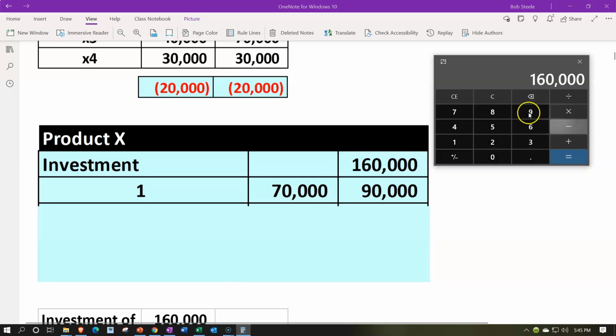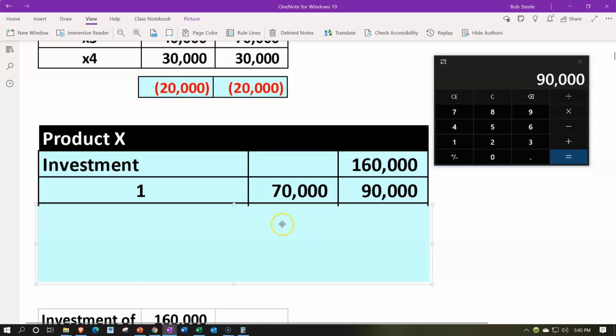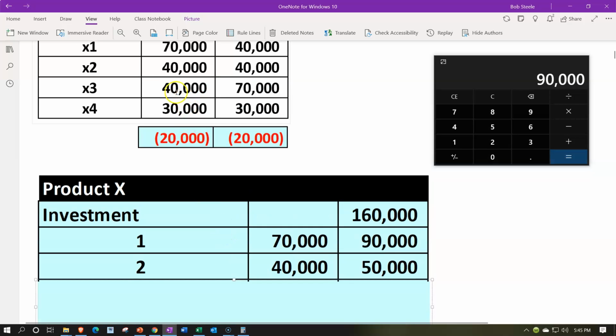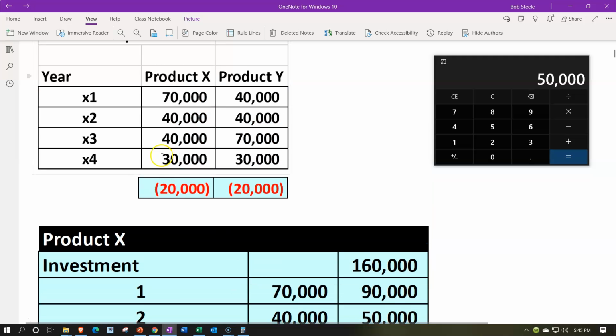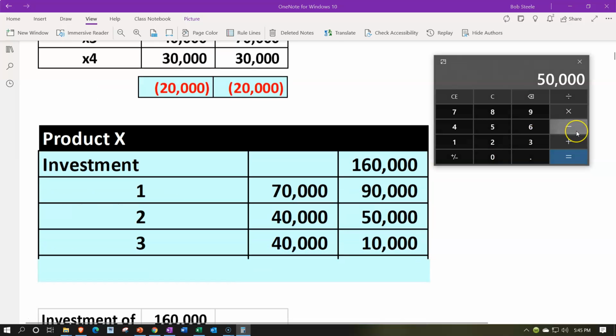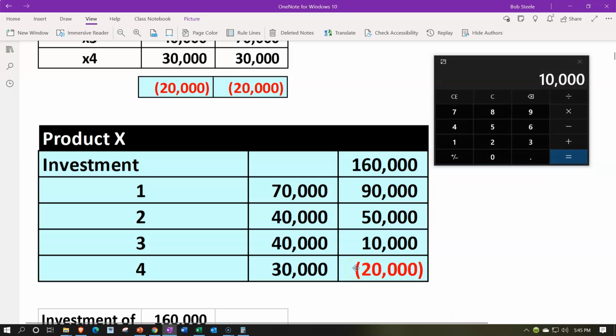And then I'm going to say minus the 70. That means we still got to get paid back 90,000. What happens in year 2? We get 40,000. So if I take that 90 minus the 40,000, we're going to get 50,000 that we still have not yet paid back. And then in year 3, another 40,000. So minus another 40. That's going to get us to 10,000. And finally, in year 4, we get cleared in the 30,000.